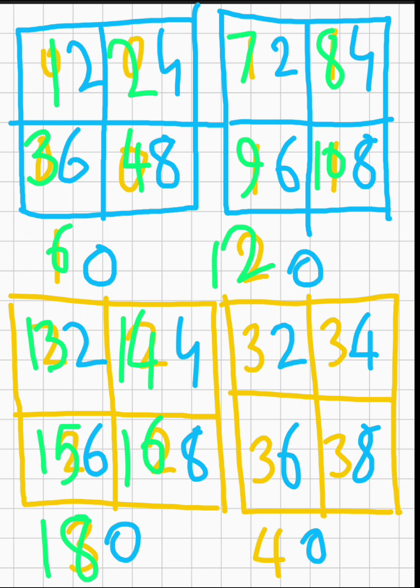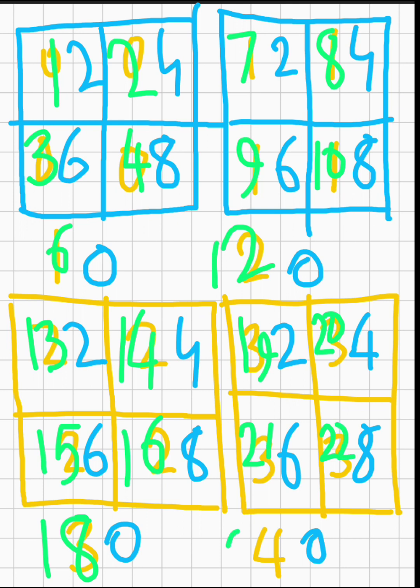16 plus 3 is 19, and 17 plus 3 is 20. Then 18 plus 3 is 21, and 19 plus 3 is 22.